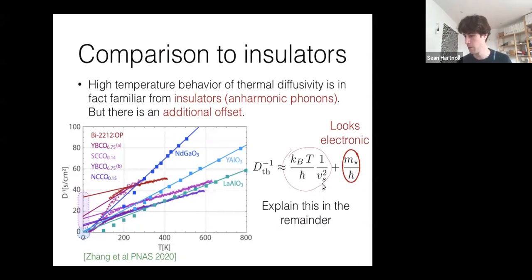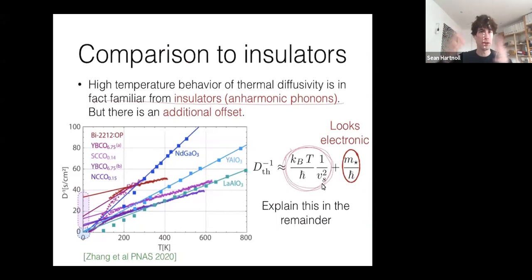So the point is completely right. I'm agreeing with your point, but let me just say it again. This linear behavior, this high temperature behavior like this, with in fact this order 1 number here, is very well known, and it happens in a lot of insulators, and it's just due to phonon anharmonicity, right?